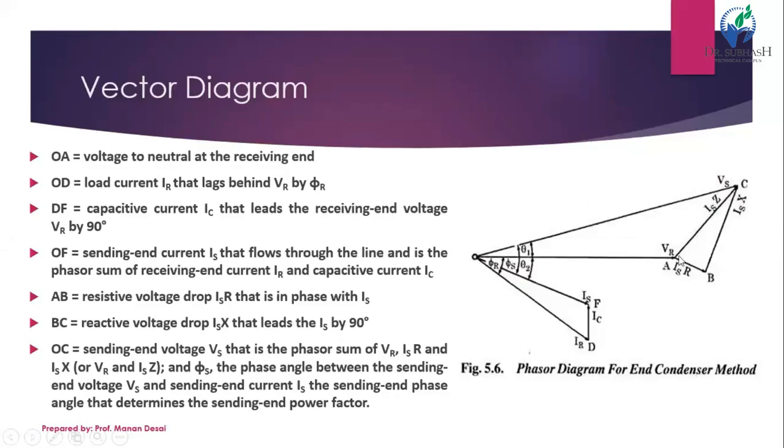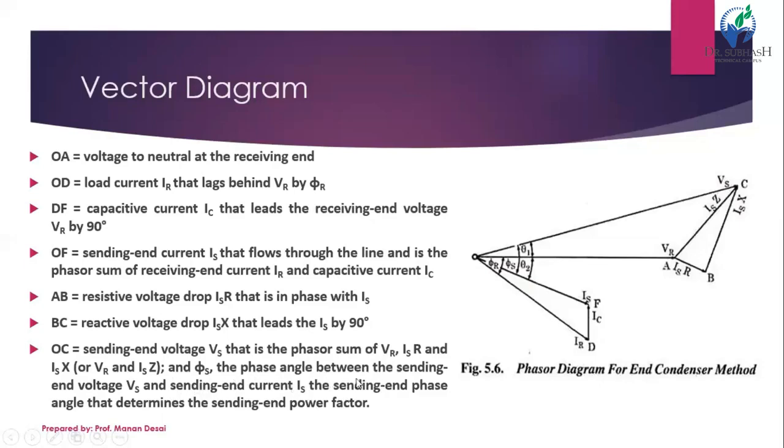So OA is the reference phasor Vr, and this is the resultant vector Vs after calculation of IR, IC, IS, then voltage drops ISR and ISX, which are cumulative, and the resultant will be ISZ with the angle phi s.